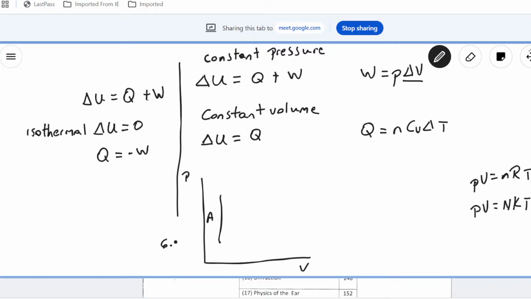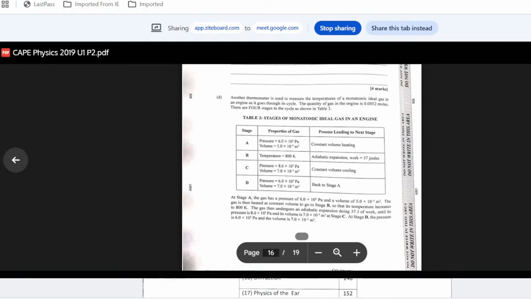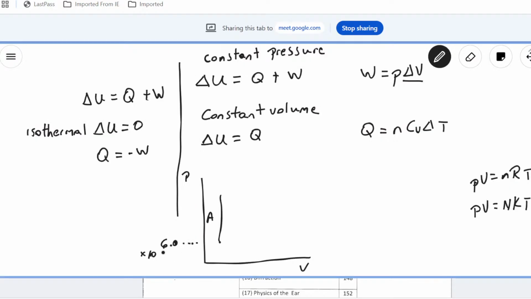The initial was 6.0 times 10 to the 5 pascals, and volume was 5 times 10 to the minus 5. So almost as if they cancel, times 10 to the minus 5. Let's put it there. Times 10 to the 5.